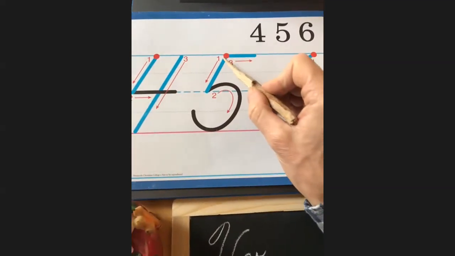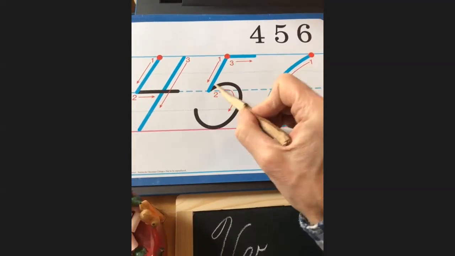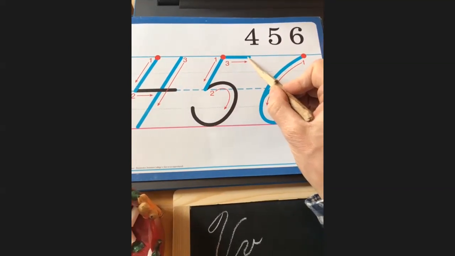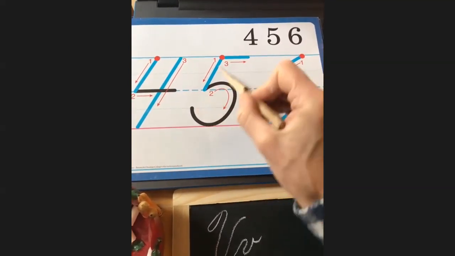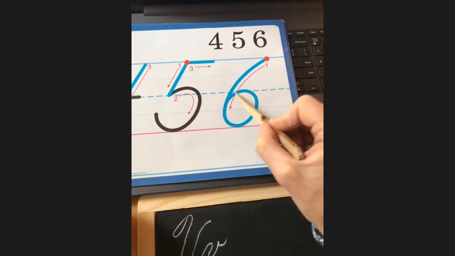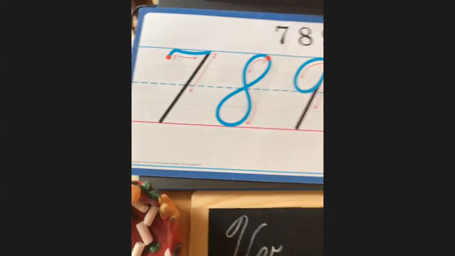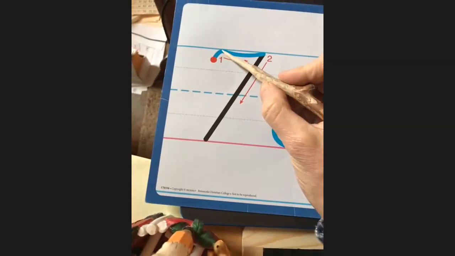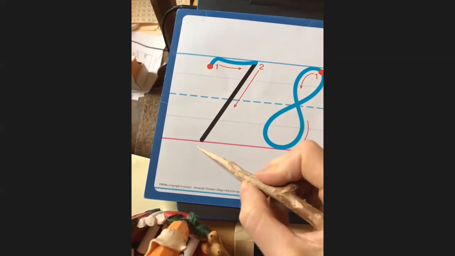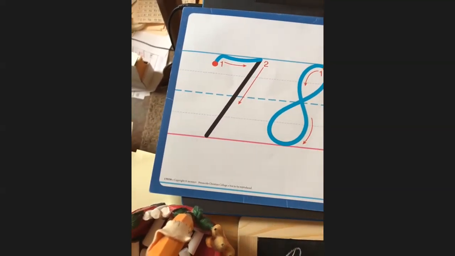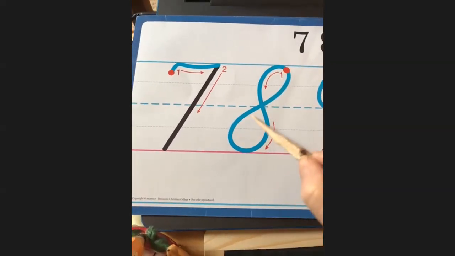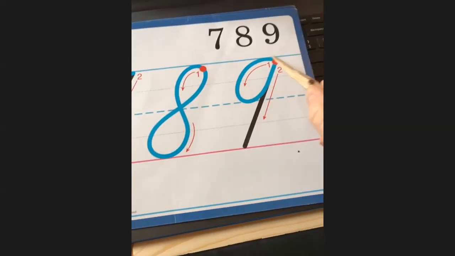Look at 5. Down, around, and then put a little cap on its head. That's how you do 5. 6, one continuous motion. Look at 7. See that? Okay. 8 and 9.